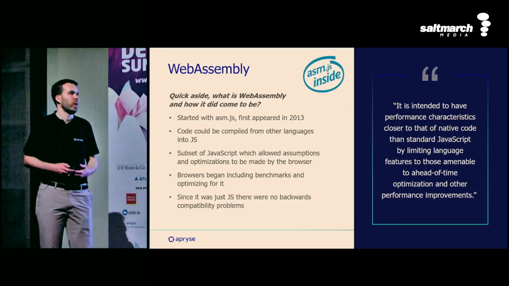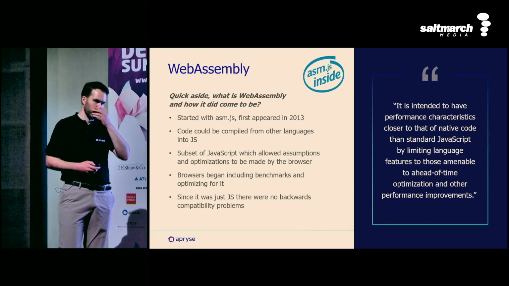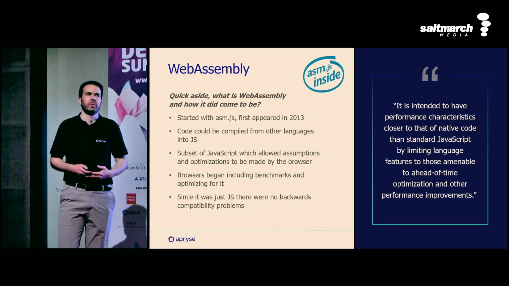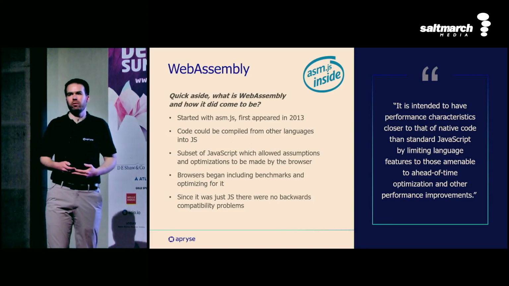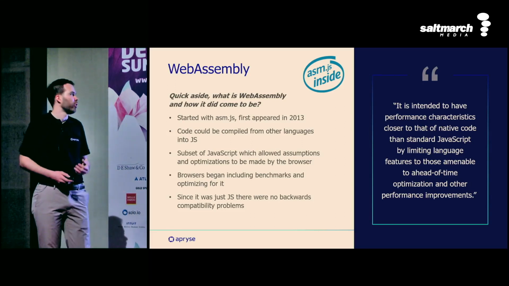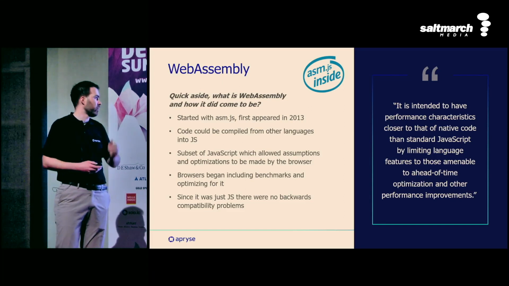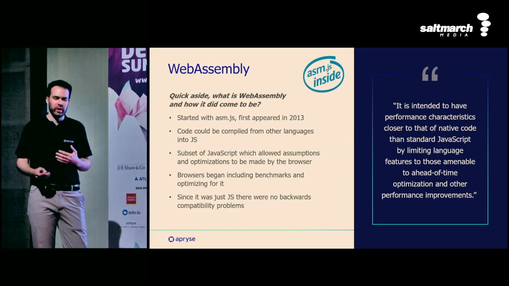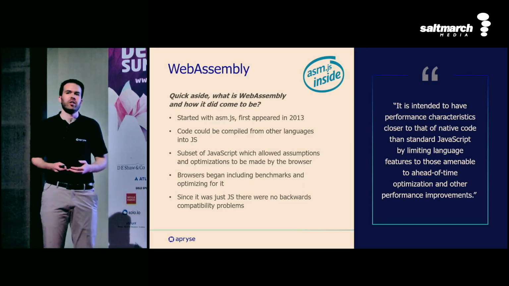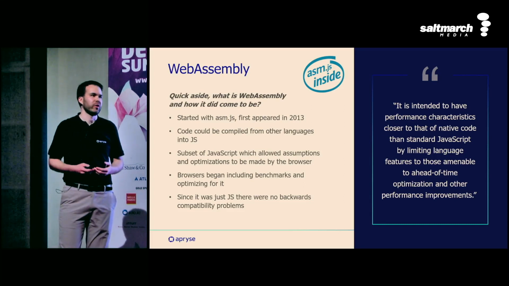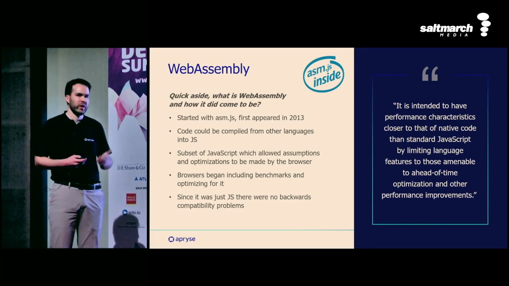So let's talk more about WebAssembly. How did it start? How did it come about? With WebAssembly, first there was ASM.js. ASM.js came in around 2013. It allowed tools that could compile your native code into JavaScript. It was a subset of JavaScript.